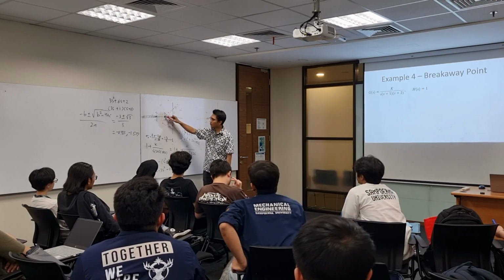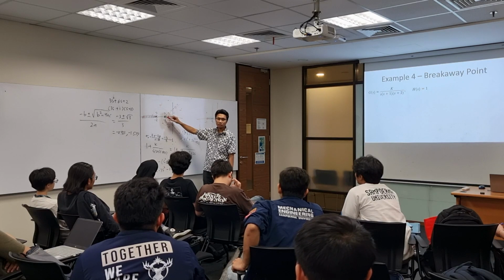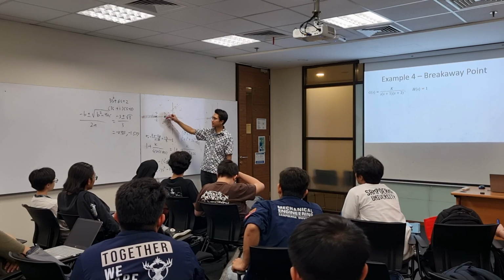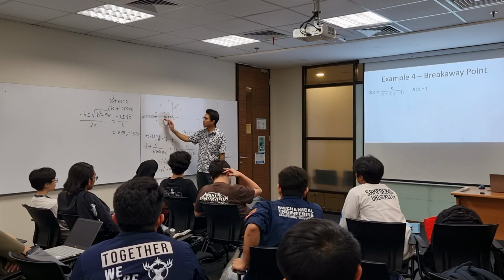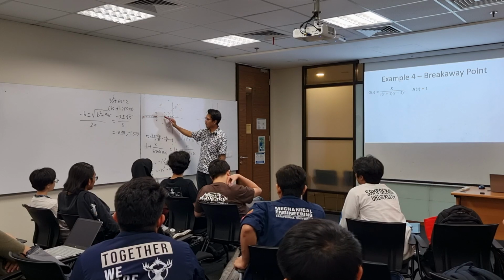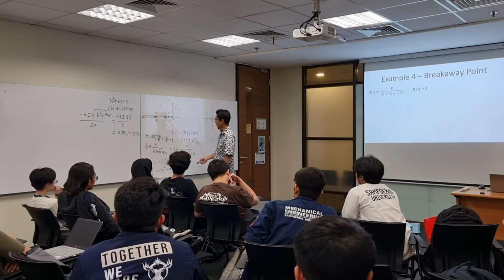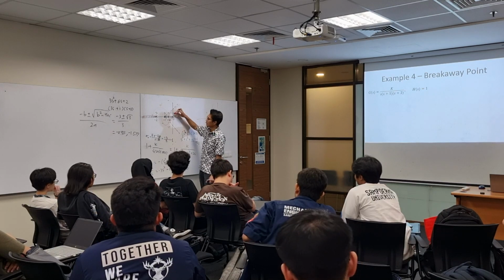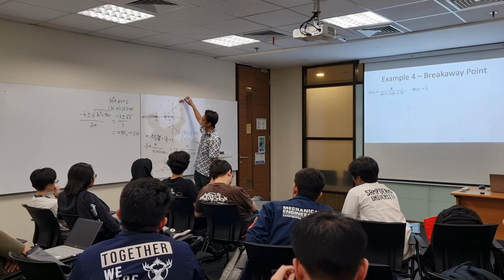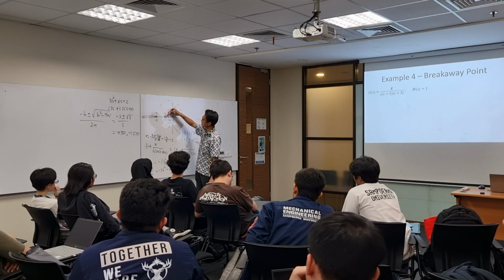Negative 1 is the open loop pole, and also the intersection between the asymptote and the real axis. You see this location of -1 that we found here. This is just a point for you to place these dotted lines.